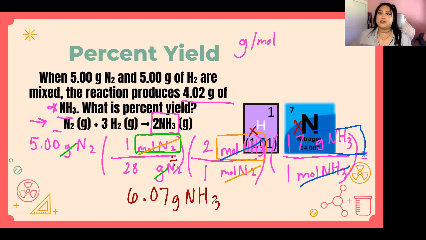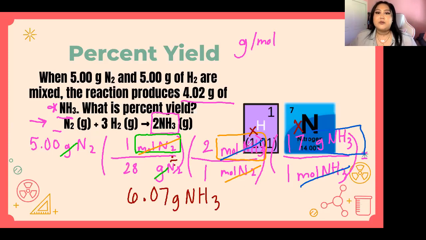And someone had asked if you can compare the number of moles to figure out which is the limiting reagent or reactant. You can compare the number of moles, because it'll still give you an indicator of which one produces more.